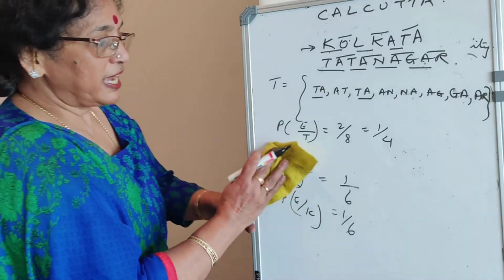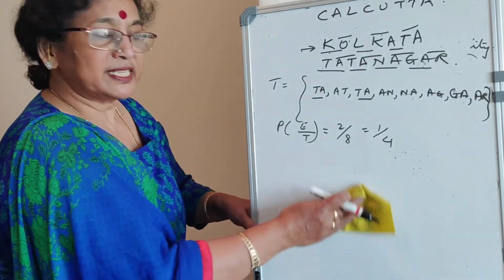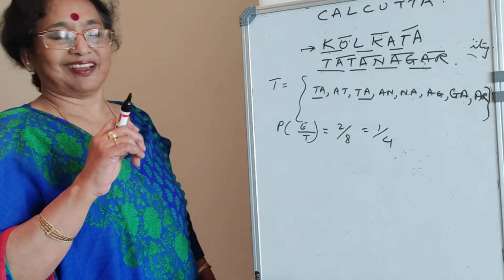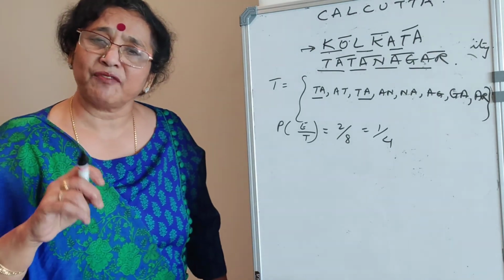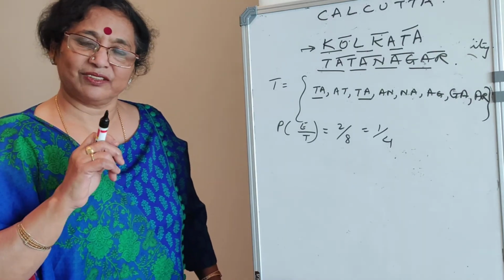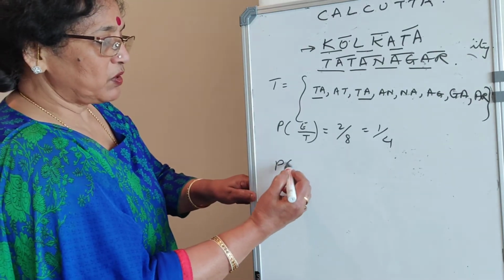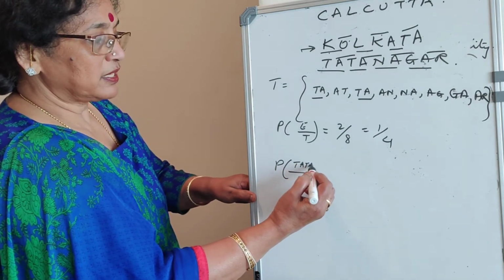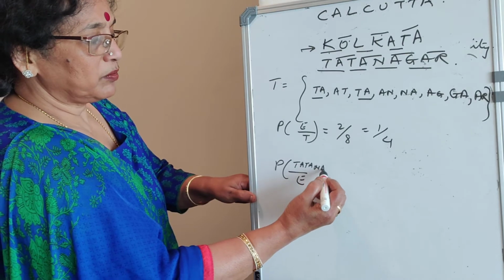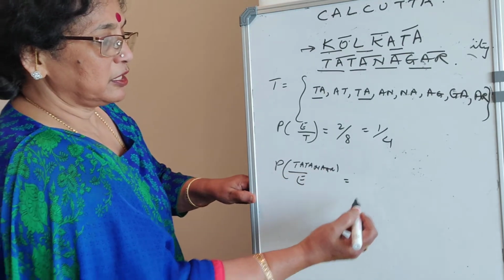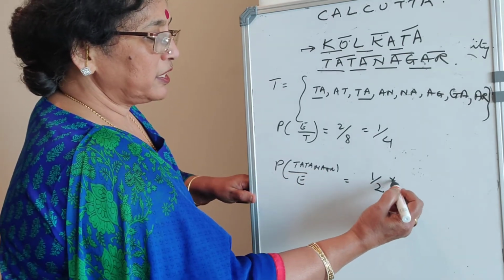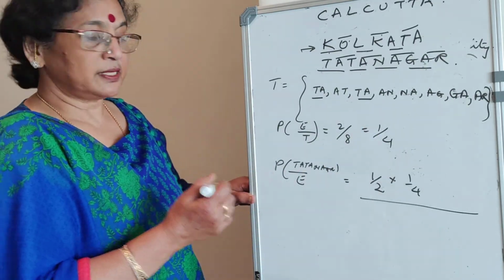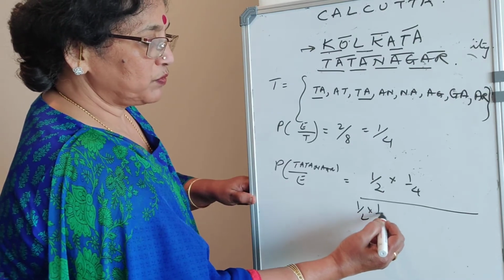Now the rainwater has wiped out all the letters except the two consecutive alphabets TA of Tata Nagar or TA of Kolkata. So what are the chances the letter has come from Tata Nagar? Therefore the probability of the common event from Tata Nagar is the probability of Tata Nagar into the probability of the TA from Tata Nagar: half into 1/4.